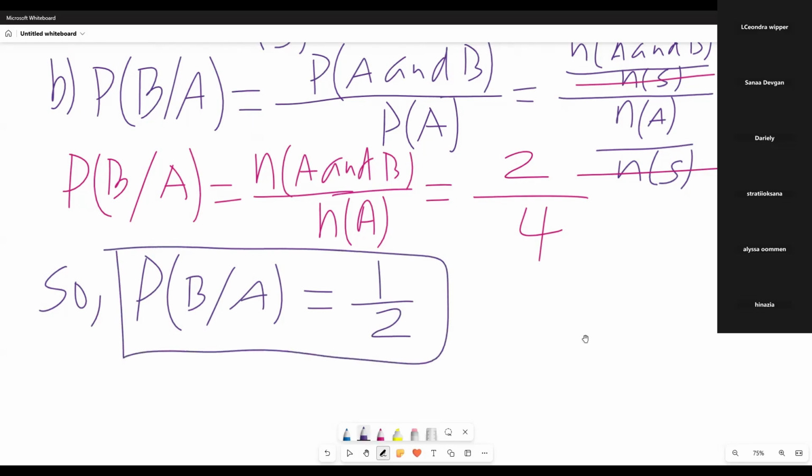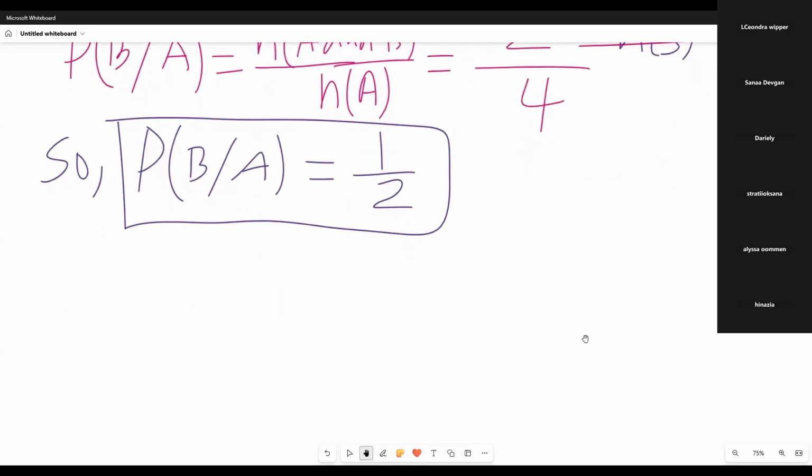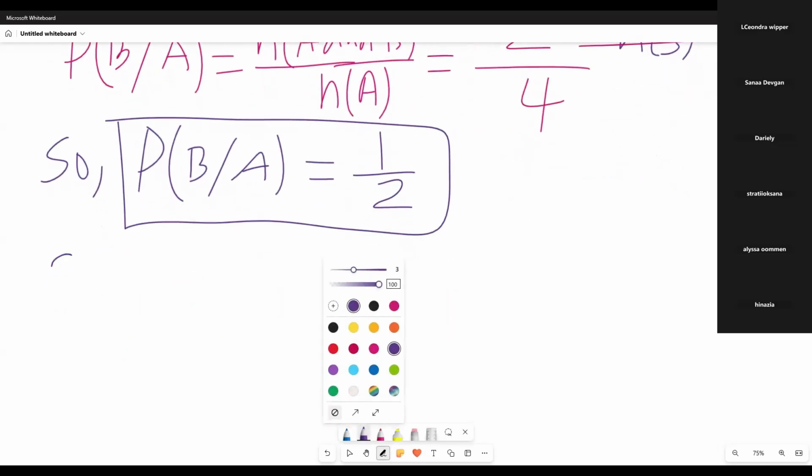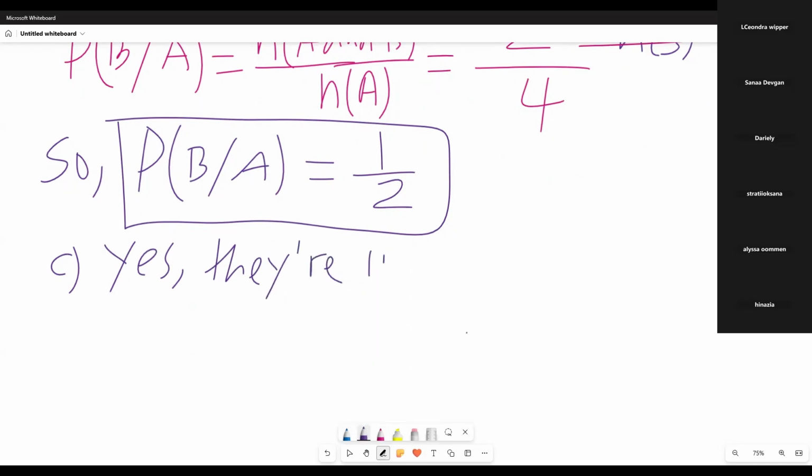Now, the last thing they ask you in part C is if A and B are independent events. I would say C, yes, they are independent events. Why?